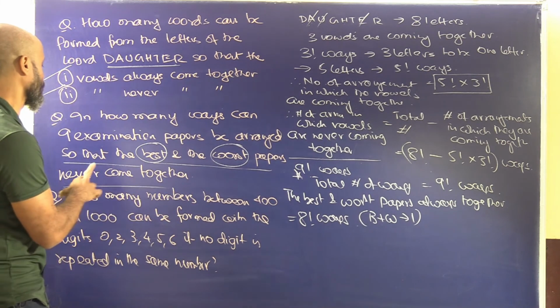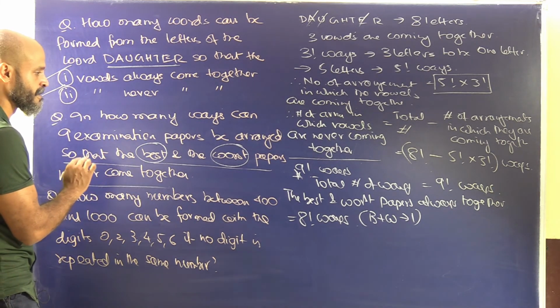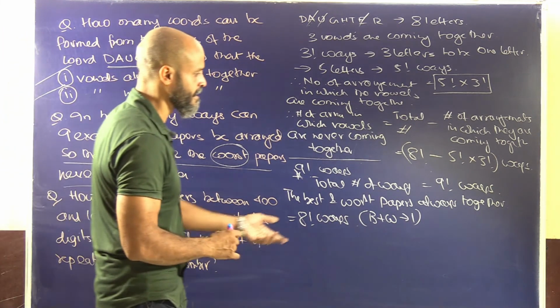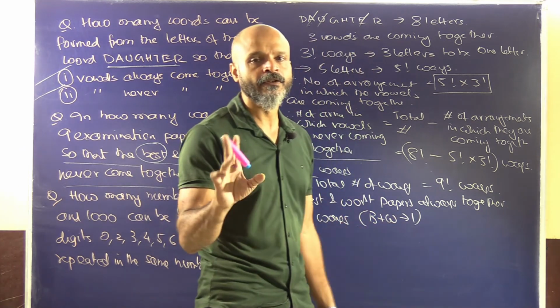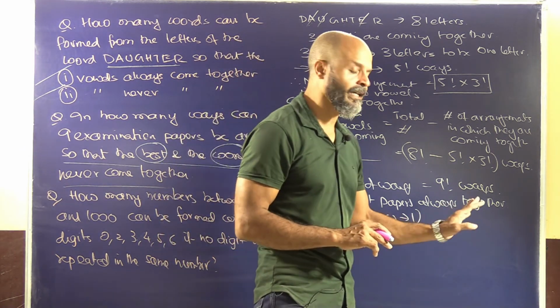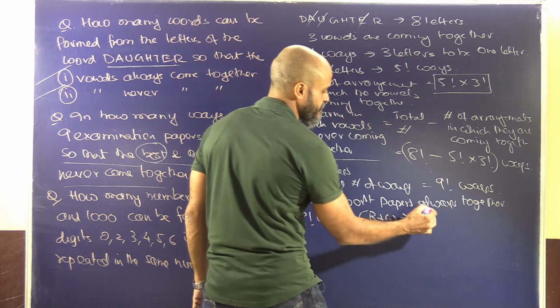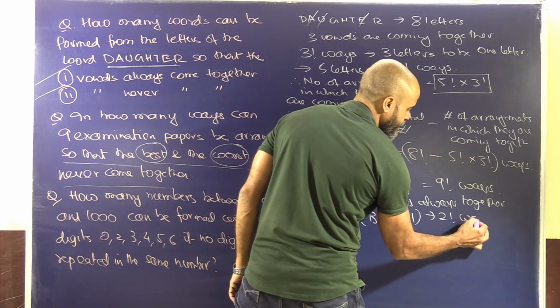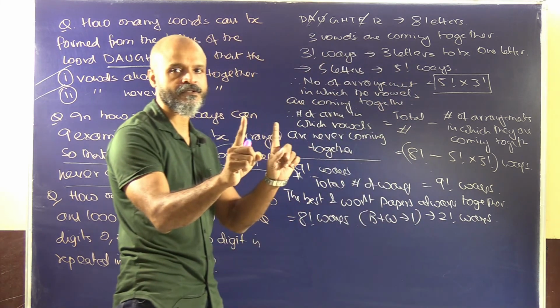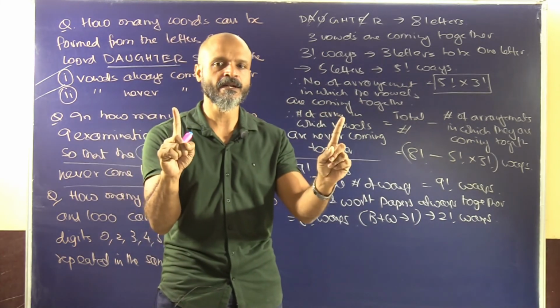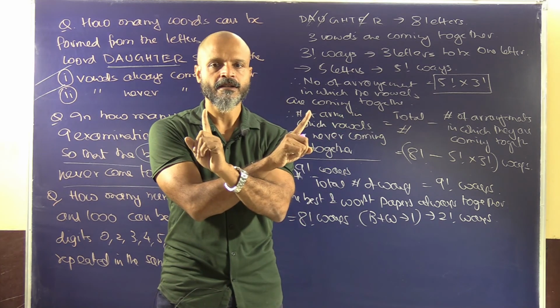The total number of ways of arranging 9 papers will be factorial 9 ways. The best and the worst papers taken together: if they are taken together, we will have 8 papers now to arrange, and that can be done in factorial 8 ways. Now the best and the worst papers within themselves can be arranged in factorial 2 ways, correct? Within themselves, the best one comes first and the worst one next, or vice versa.